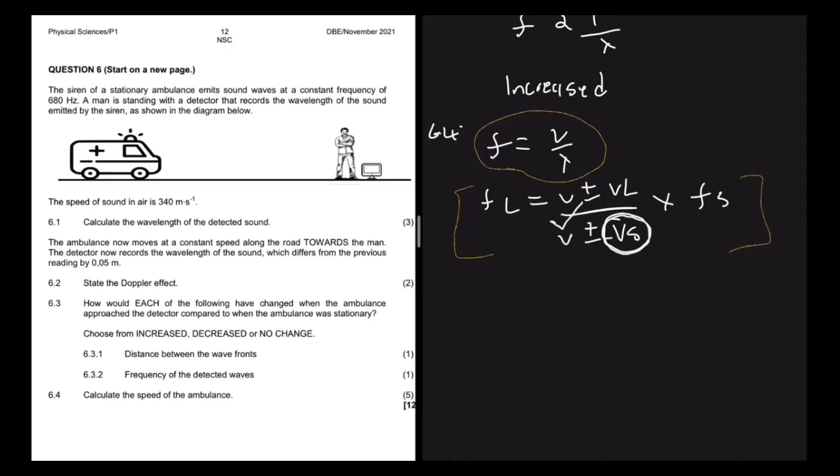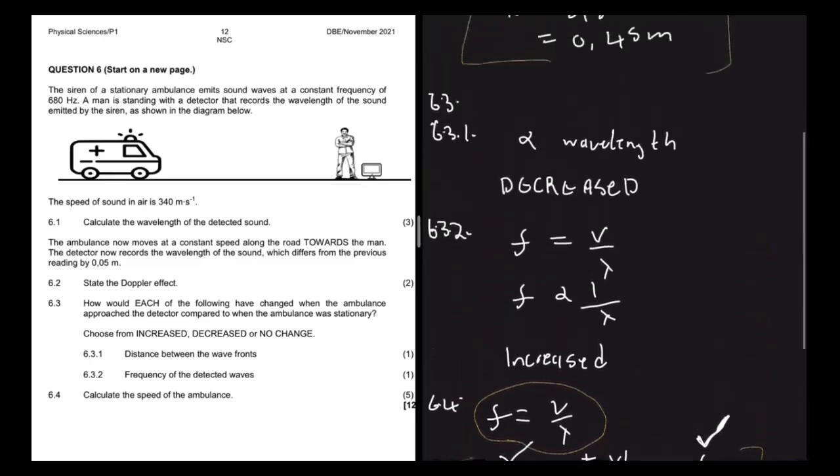We have V because V is the speed of sound in air, and then frequency of source, we have determined it. Oh no, we didn't determine it. It is given to us as 680 Hz. And then frequency of listener, we can determine it because we now have the wavelength when the ambulance is moving towards, right?